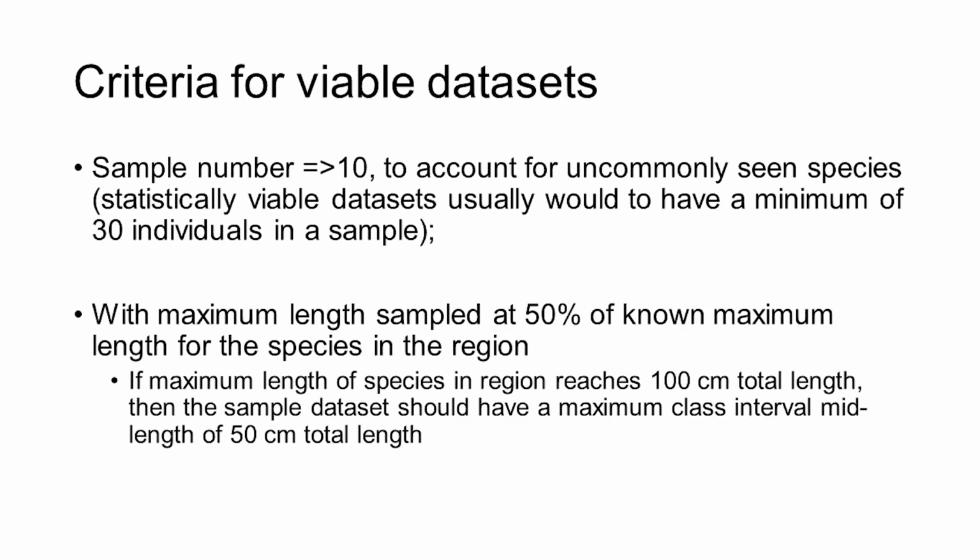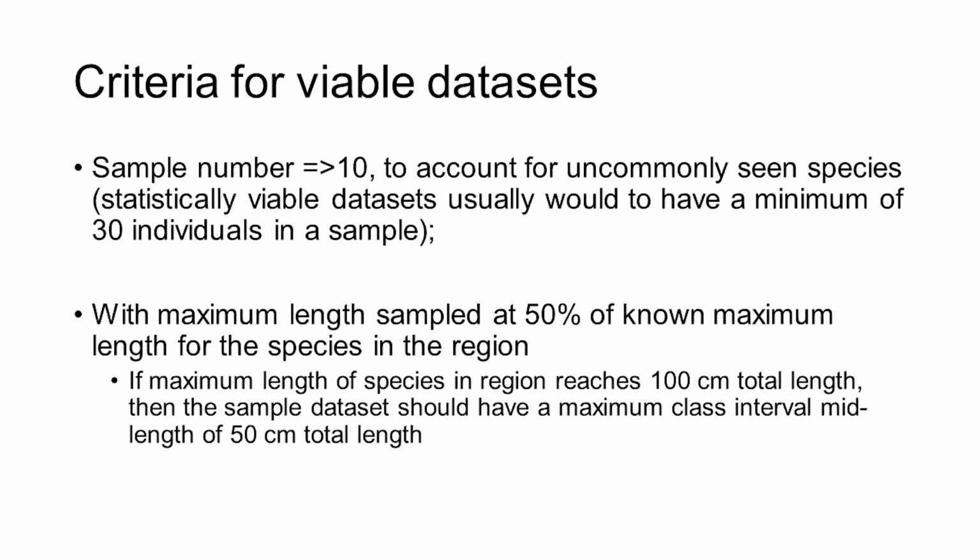For the Beverton and Holt method, we need to have in the sample a maximum length of the individuals sampled that is at least 50% of the expected maximum size of the species.